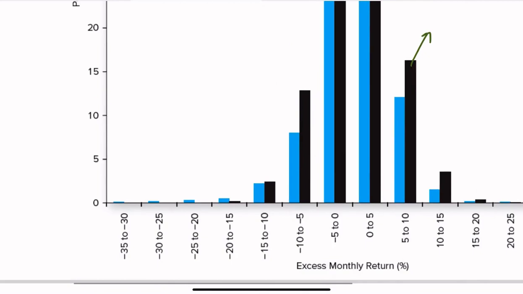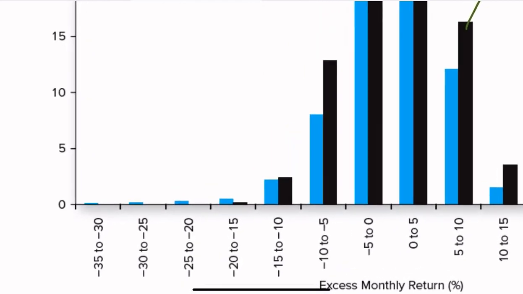Well, this might be hard to see. But you have blue bars in these extreme returns, and you don't have black bars.